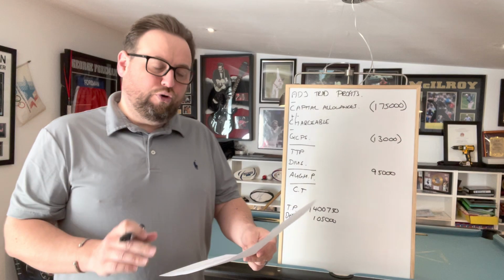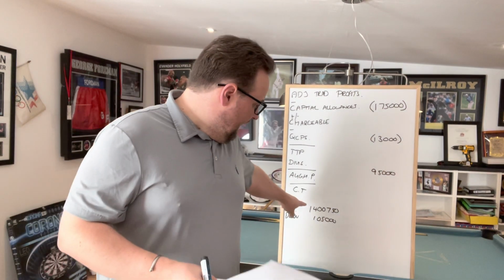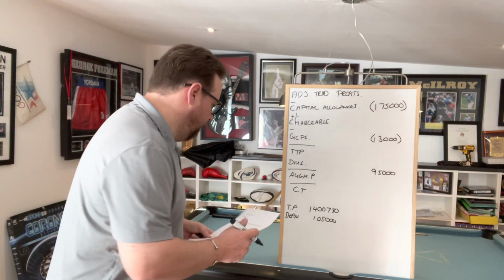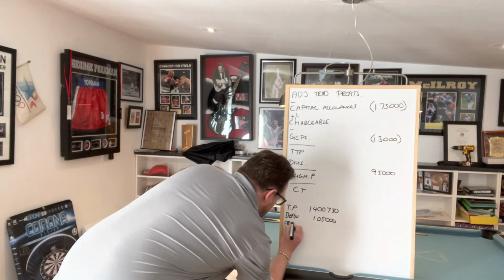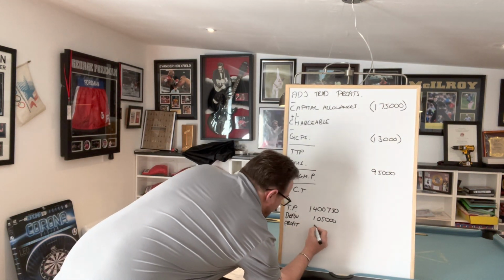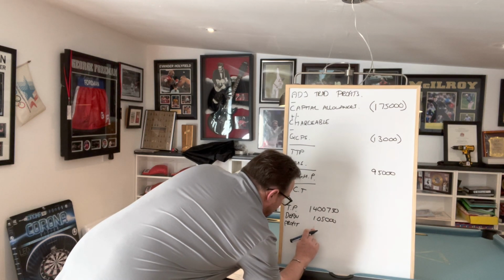The next one, profit on disposal of assets, that needs taken off because it's income. If it was loss on disposal, you would add it back. But this was recorded as income in this figure and it shouldn't be.